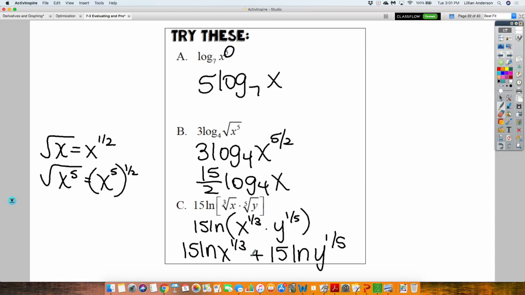We're expanding. No, it's not done. I got to bring that power to the front. So then 1/3 times 15 becomes 5 ln of x, and then 3 ln of y, and then that's my final answer.